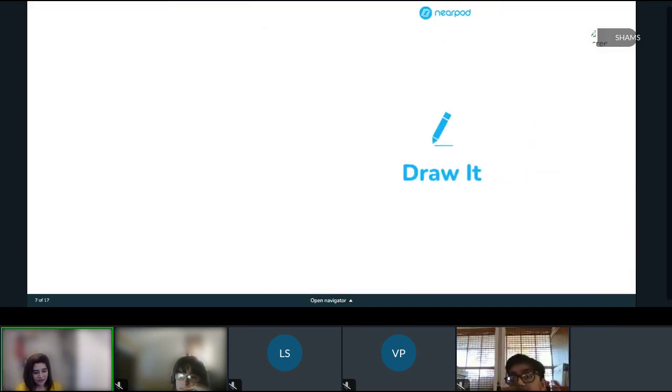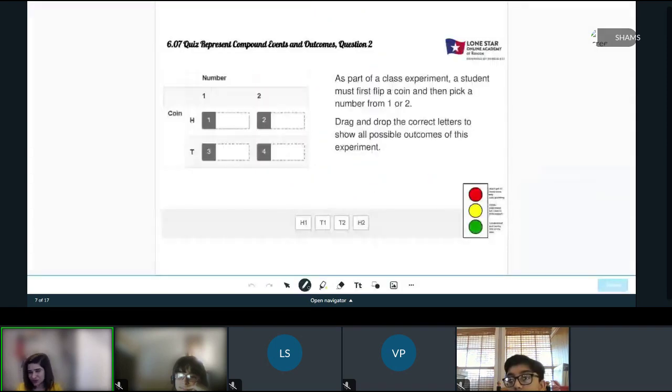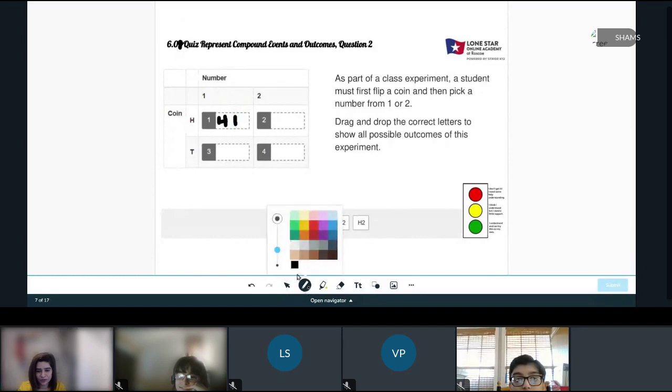Okay, this is variety 2. Question 2, variety 2, 6.08 quiz. Again, let's fill out the box. Read the coin and then the number. Coin is H, heads. H represents heads. And the number on top is going to be 1. Heads, 1.